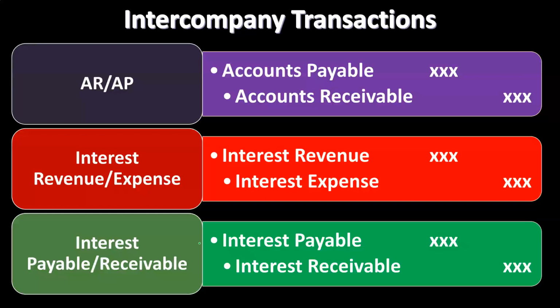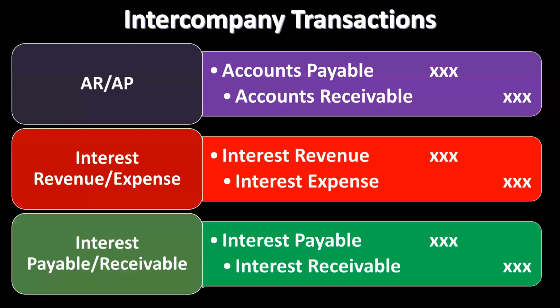You'd have an adjusting entry at the end of the year for P, where you would debit the interest receivable, because there's interest that has been accrued but not yet been paid, and credit interest revenue. And on the other side, the adjusting entry for S would be an increase to the interest payable and recording the expense.